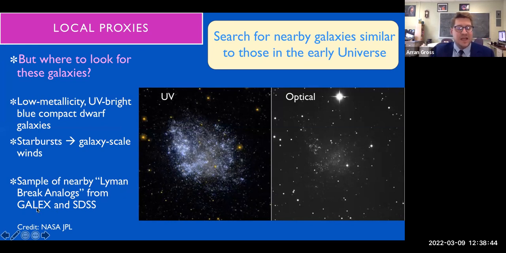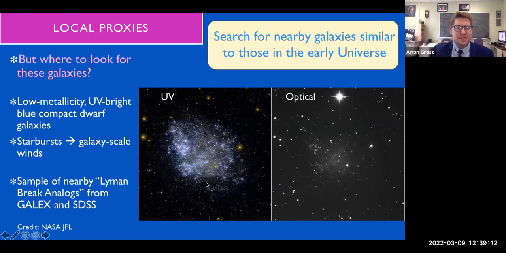Samples from GALEX and SDSS, from Heckman, Hoopes and a couple of other authors who have built on that original sample, have looked for local versions of those Lyman break galaxies that are spatially compact, low metallicity, not too much enrichment, with very high UV surface brightness. Overall, they're incredibly bright in ultraviolet and somewhat faint in optical.